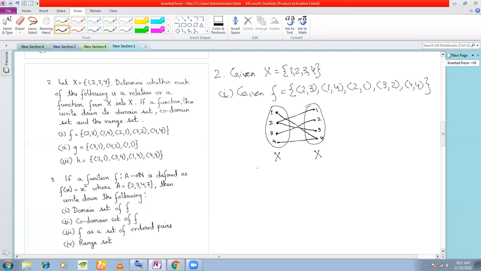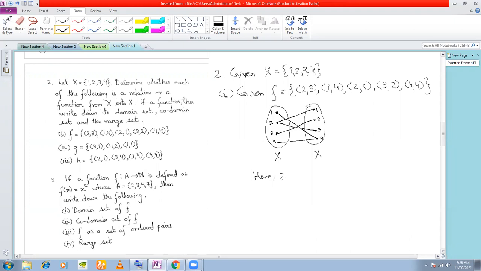Now, if we see from 2, the light rays are diverging, right? Isn't it? That means 2 does not have a distinct image. 2 has an image, what is the image of 2? You can say either 2 or 3, right? So it is not distinct.